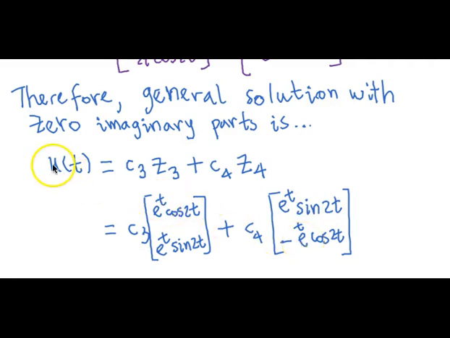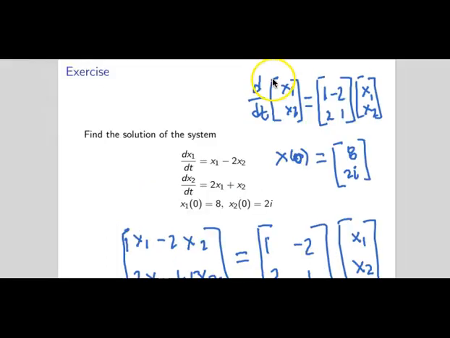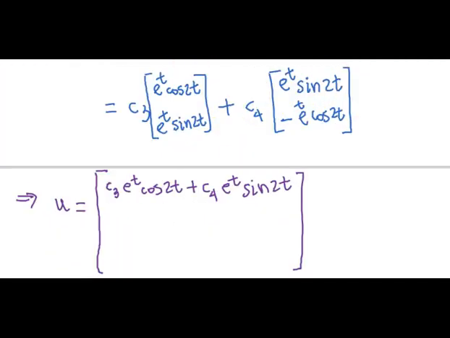And so this solution u of t satisfies the differential equation. We're going to put on hold the information on the initial conditions, but we're working with this differential equation. So that solution u satisfies this. So we can write the solution u, newly constructed, as C3 e^t cos plus C4 e^t sine.